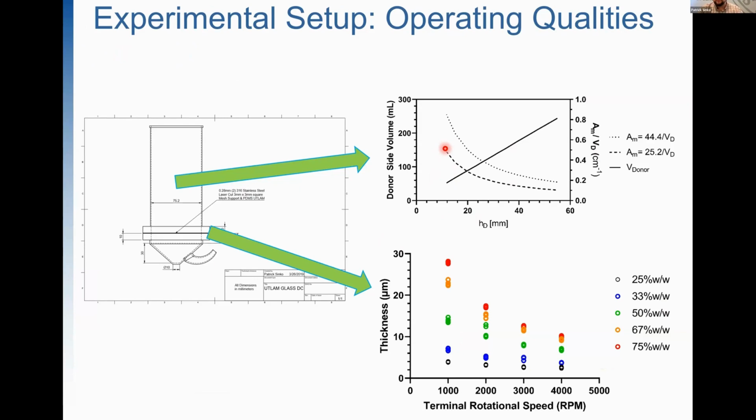Hydrofoils are known to be good at resuspending particles. And the model that we were able to obtain was shallow enough so that we could push down the volume of the donor phase to increase our total absorption rate, because absorption rate is a function of that A to V ratio.